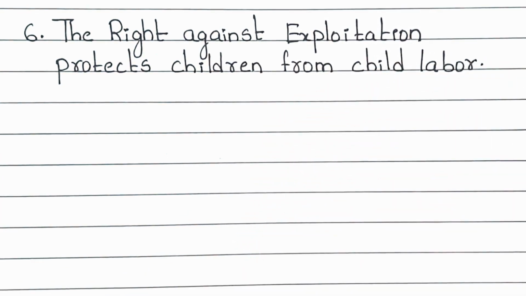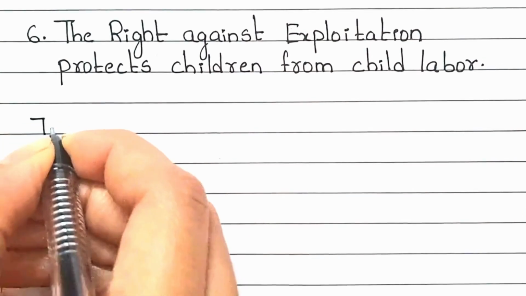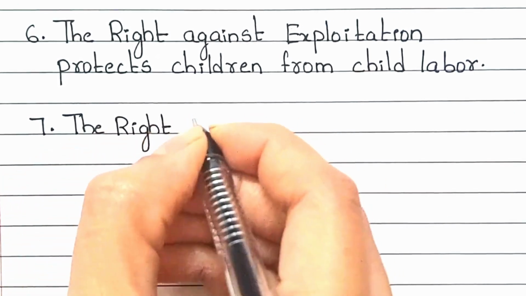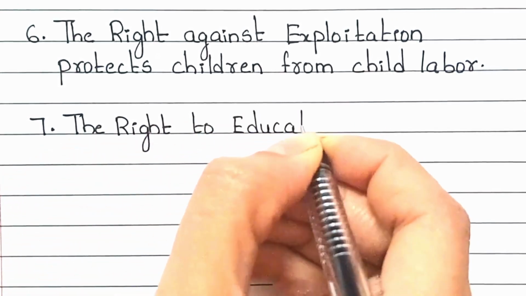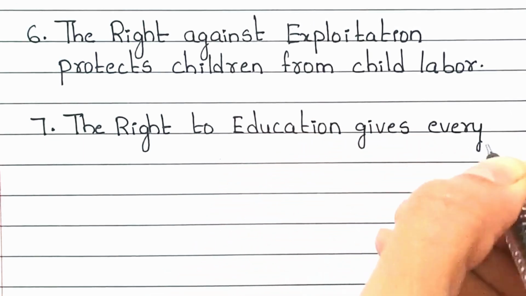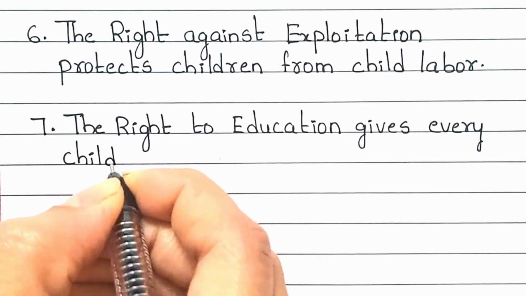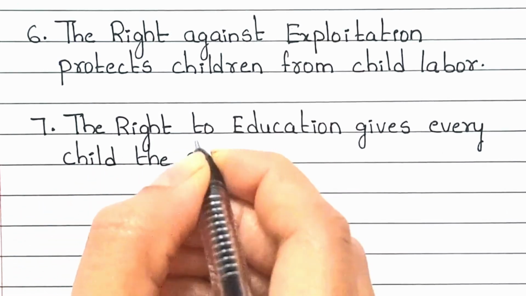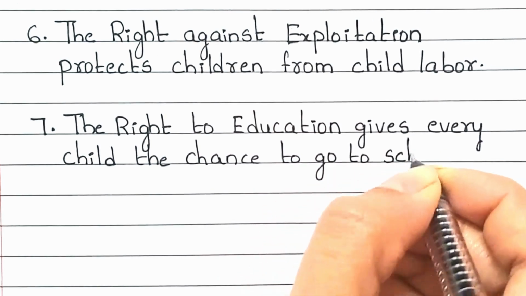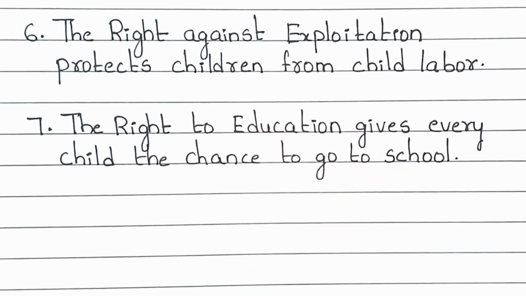The right against exploitation protects children from child labor. The right to education gives every child the chance to go to school.